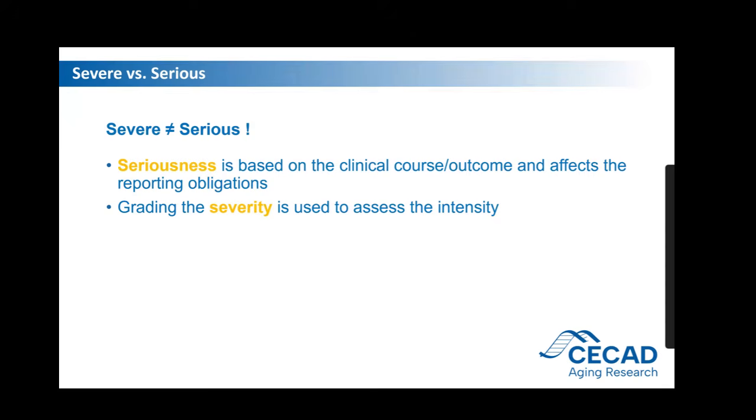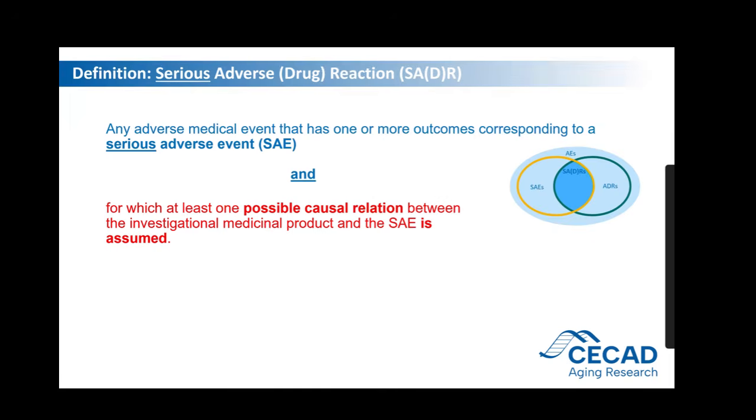And if we now go another step further, we can look at those cases which are a serious adverse event, so it matches one of the 5 points, and additionally, it is in connection to the actual IMP that has been administered. And this is what we call serious adverse reaction or serious adverse drug reaction.